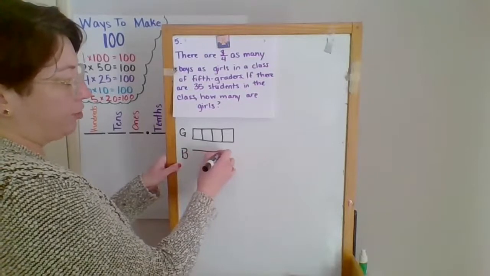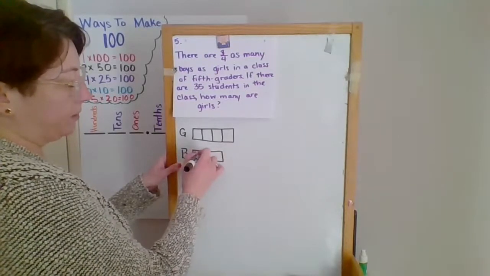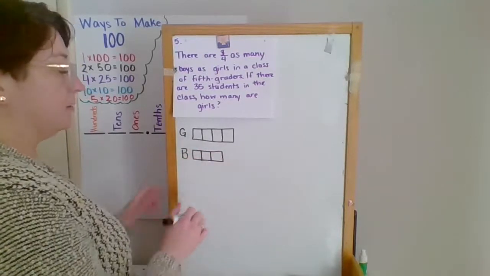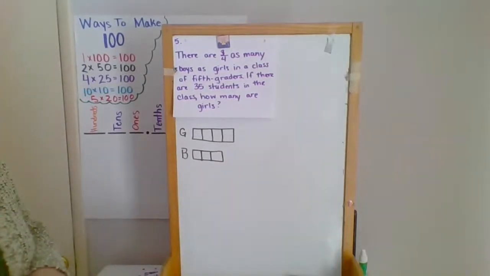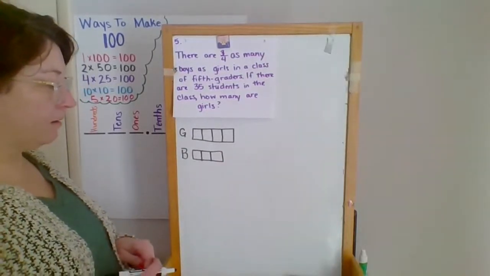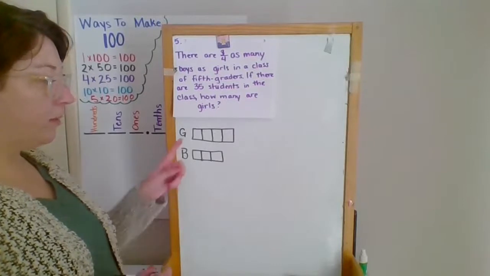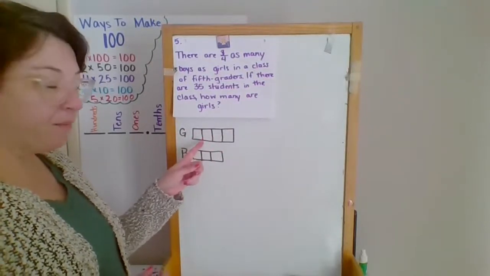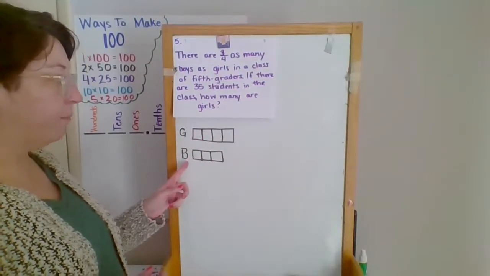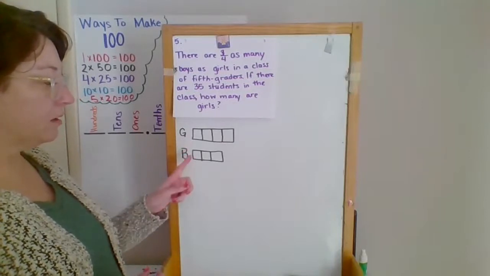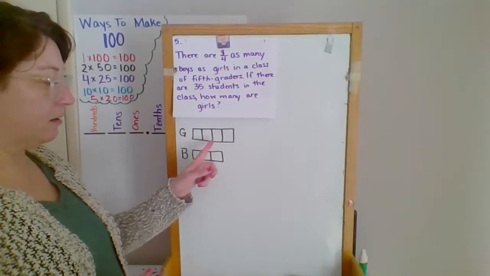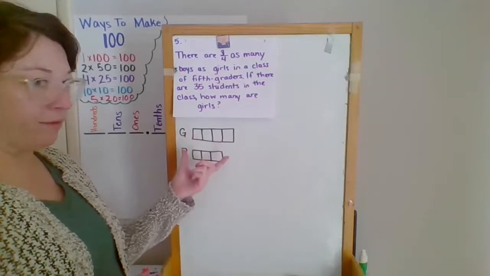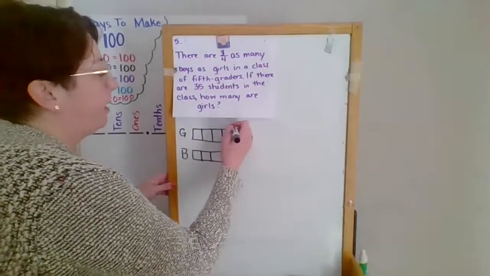I'm only going to draw it as long as 3 of those parts. So we don't know how many girls there are yet, but we know that to find the number of boys and girls, we have to find 3/4 of the 4/4.